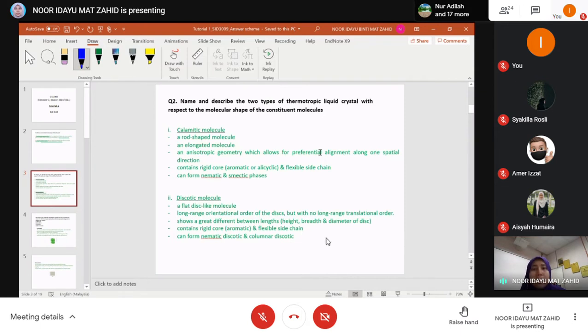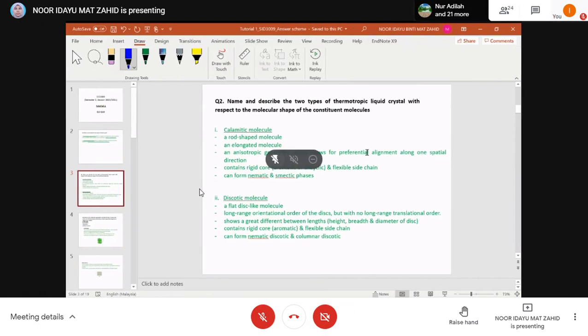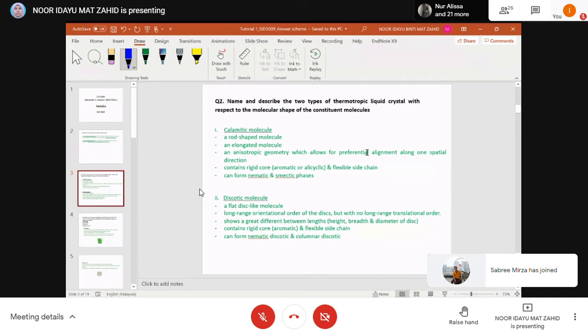So question number 2: name and describe the 2 types of thermotropic liquid crystal with respect to the molecular shape of the constituent molecules.